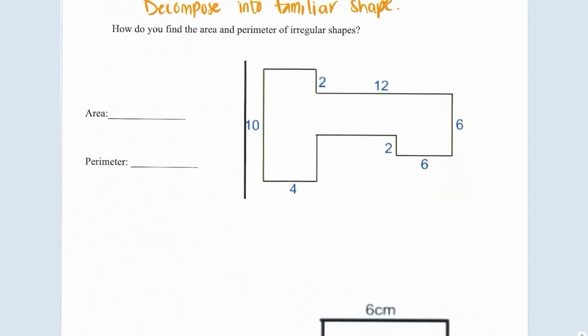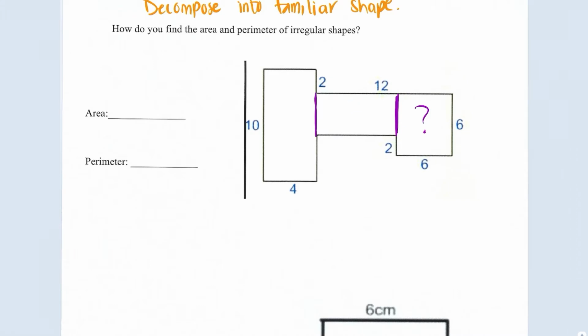One way you could split this is to make a rectangle here, and then a rectangle there, and a square, it looks like. Yeah, there we go. So to find the area of this irregular shape, you have to find the area of this rectangle, the area of this rectangle, and the area of that square, and then you add them all together.